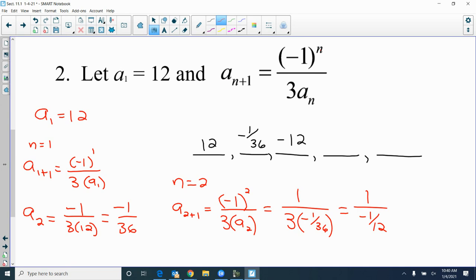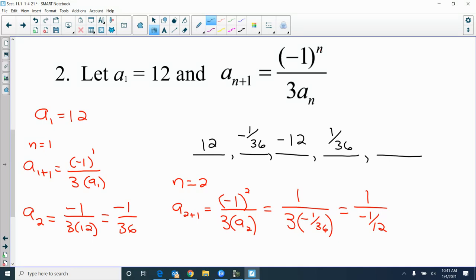So I got 12, I got negative 1/36, I got negative 12. Plug this in, n is 3. That's going to be a negative over 3 times negative 12, which is negative 36. So that's actually going to end up being positive 1/36. And now go find the next term.